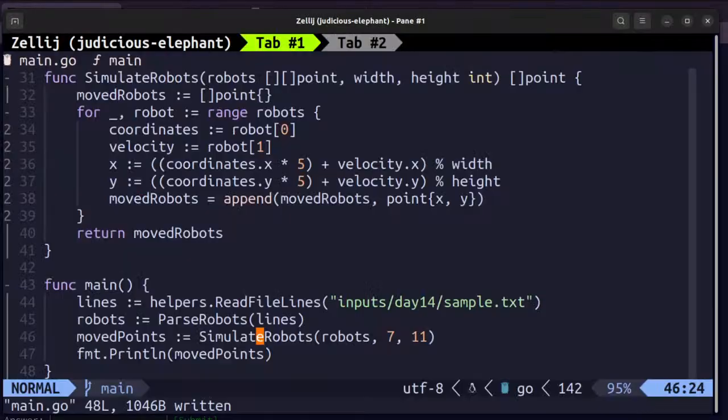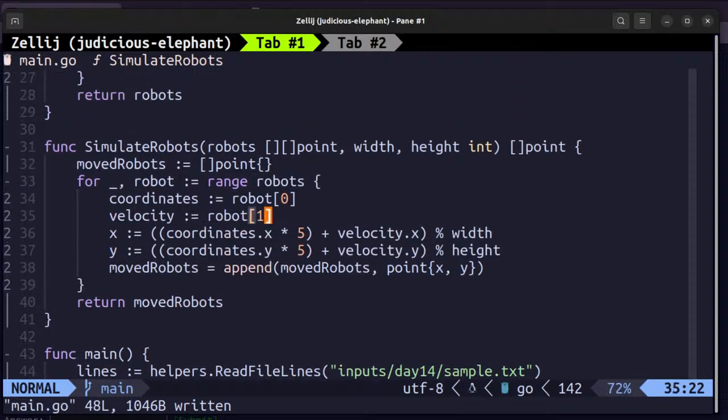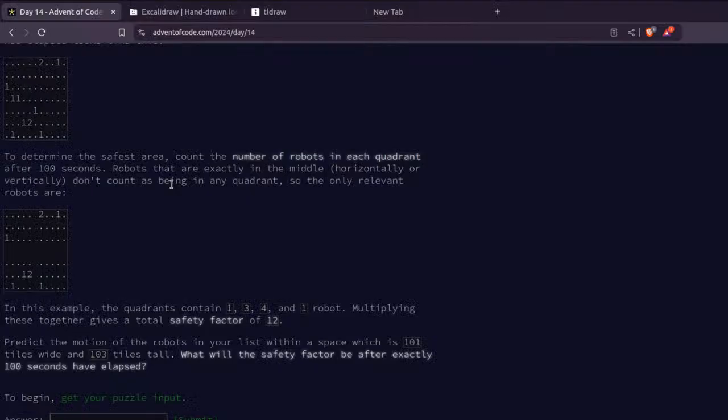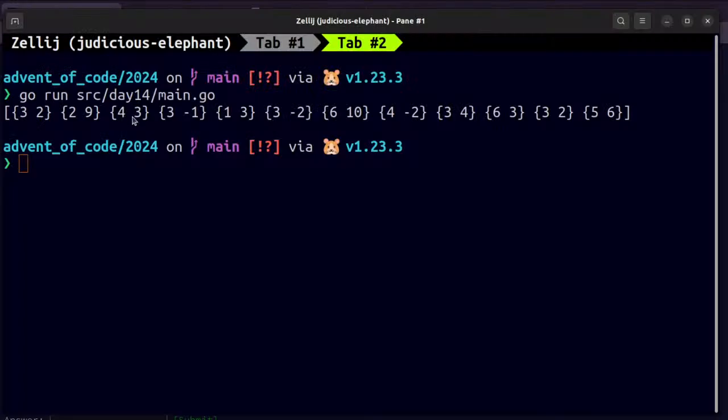Let me do one thing. 0, 1, 2, 3, and 2, 9, 2, 9, 4, 3.